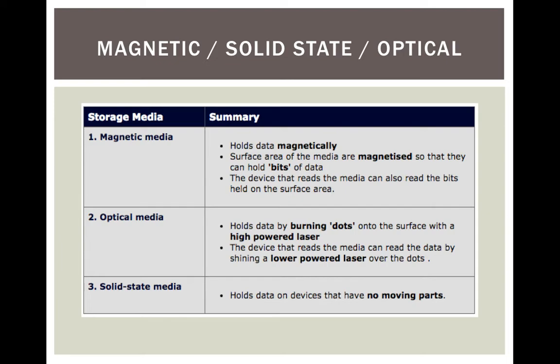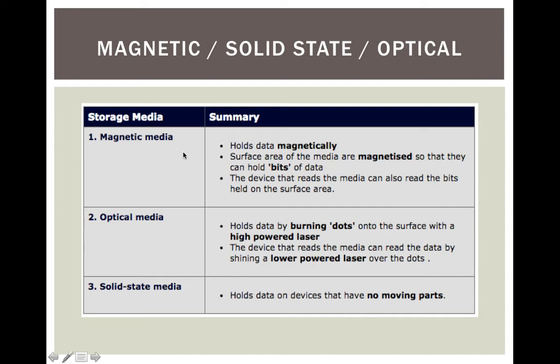And if you've ever opened up and looked inside a floppy disk, there is a very flexible black disk. Looks a little bit like a mini CD. These are magnetic devices, and the surface area of the media is magnetized so it can hold bits of data, and the media also reads the bits held on the surface area.